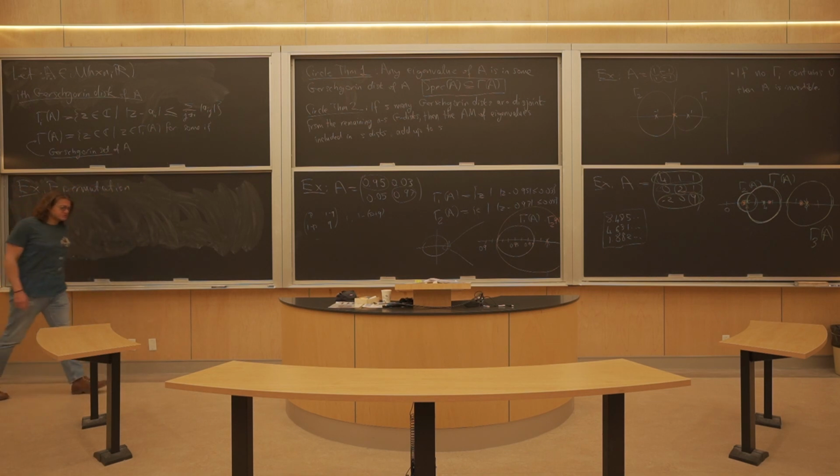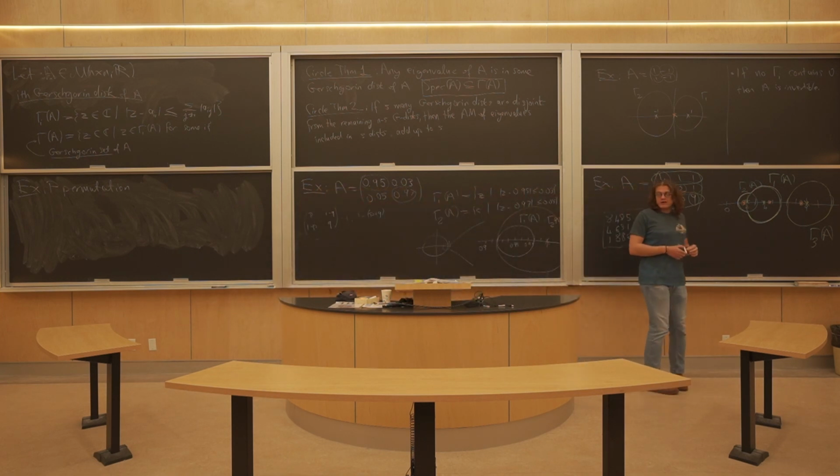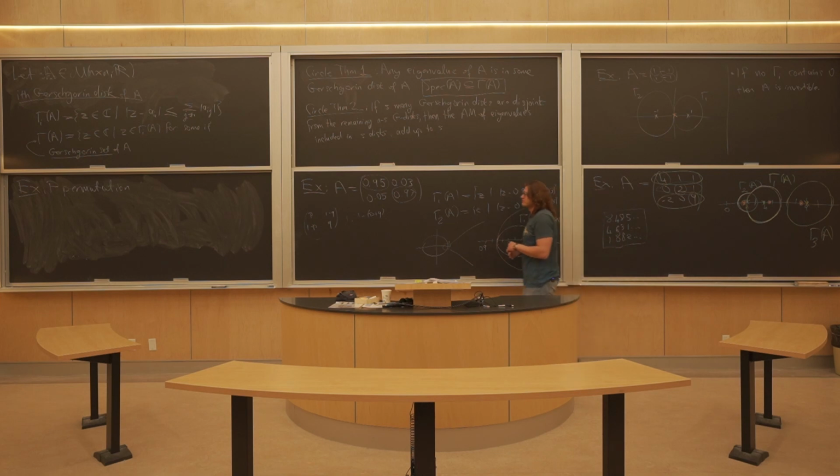If I have a permutation matrix, by definition, that means that it's a square matrix, it is invertible, and any row and any column contains exactly 1, and the rest is 0.